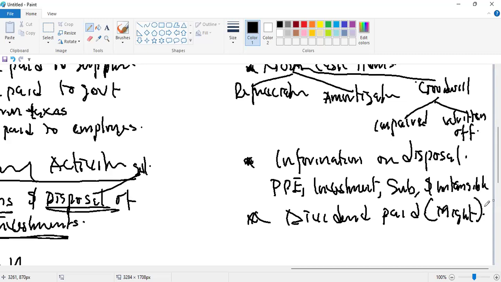Then, information regarding the following: dividend received, investment income, interest received, finance income.